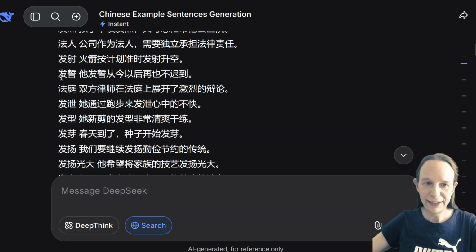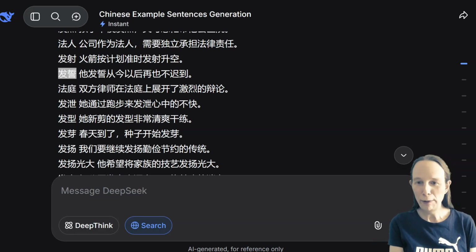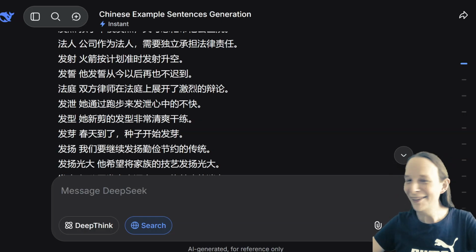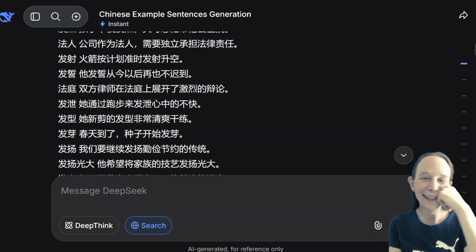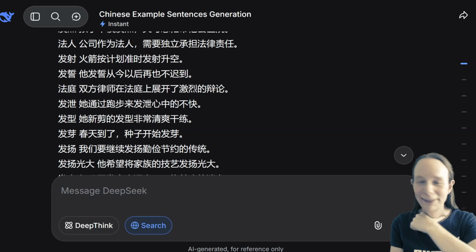Anyway, let's continue. 发誓, 发誓 is like I pledge or I swear. I pledge allegiance to the flag of the United States of America. I'm not from America, I don't know the rest. And the republic on which it stands, under God. What's the rest?